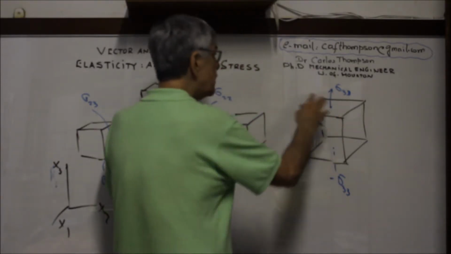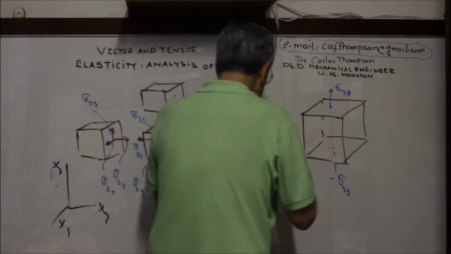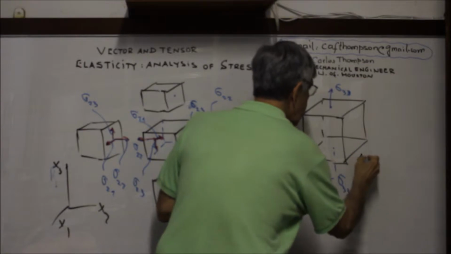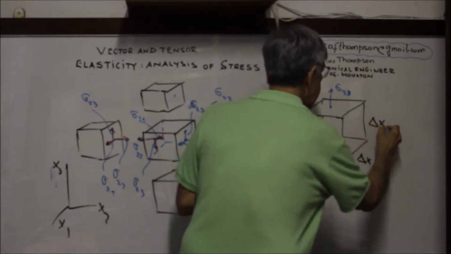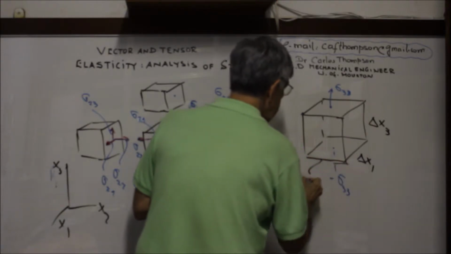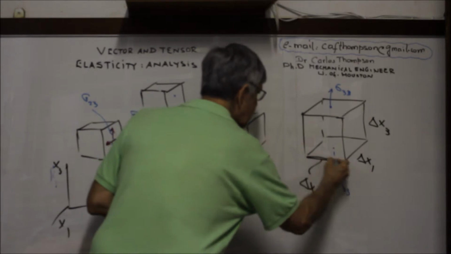Now, because this is a force by area, let's call this delta x1, delta x3, and this here, delta x2. Look, this x2 axis.